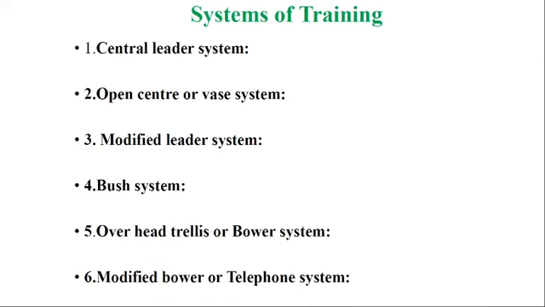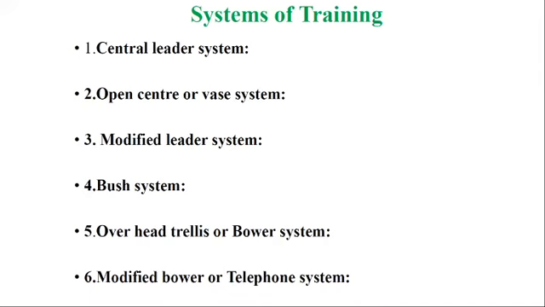Then the next point, friends, that we will consider here is the system of training, or we can say the types of training. There are three important systems of training: the central leader system, the open center or vase system, and the modified leader system.